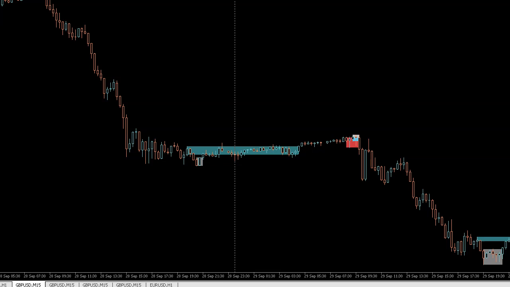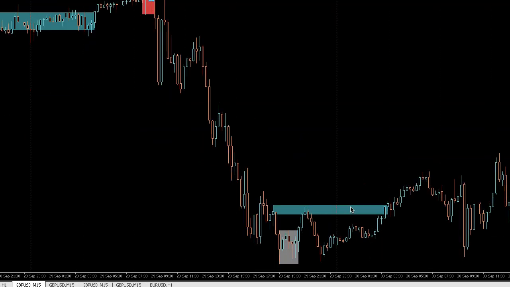We get the reversal block more often, and the trend block we might sometimes get too late, when it's too late to enter. So we can never win. There are pros and cons to the two types of blocks, but it's good to have them both, so that you can learn from them, and it gives you an advantage in the market.